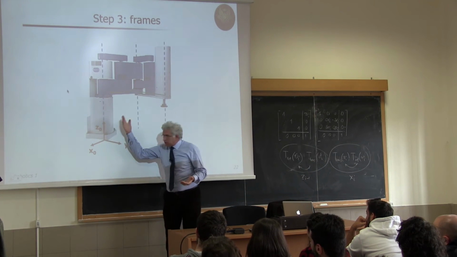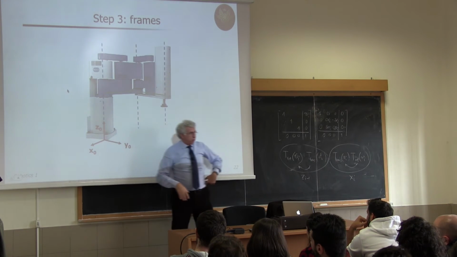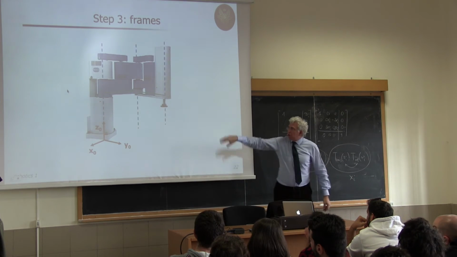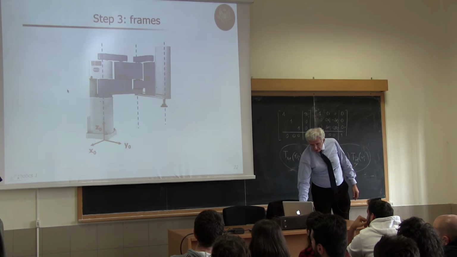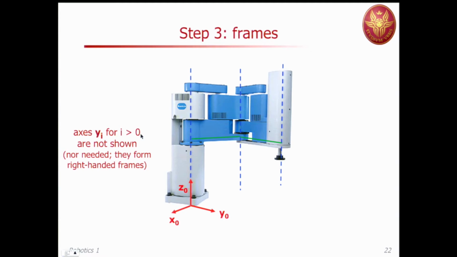So we are placing, just for illustration, this really on the floor. And x0 is some arbitrary decision. y0 completes, and from now on, I will not show the yi axes just because they complete the right-handed frame. So this is frame 0.